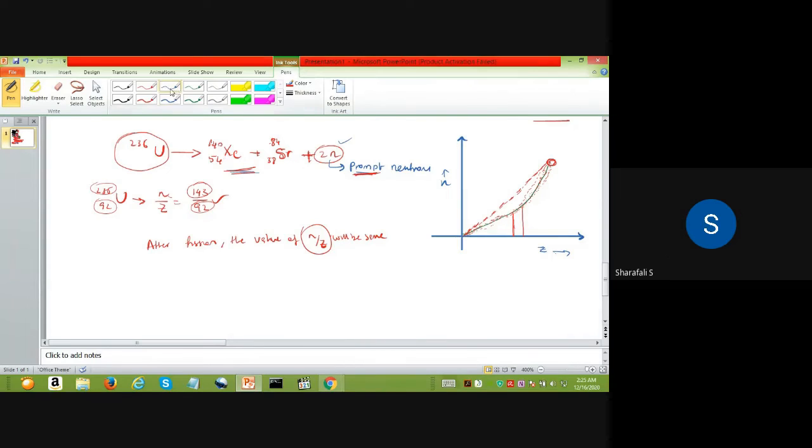Those daughter nuclei which come after the fission process will be somewhere here: the first daughter nucleus and the second daughter nucleus will be somewhere on this straight line, which means they will have the same N by Z ratio as the parent nuclei. So on this straight line, the slope will be the same. So that is the N by Z value for these daughter nuclei.